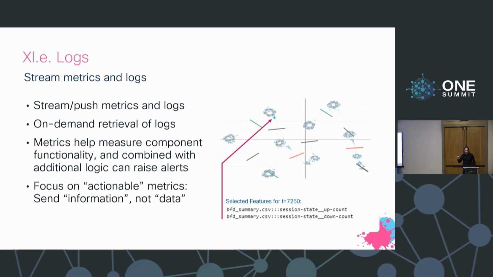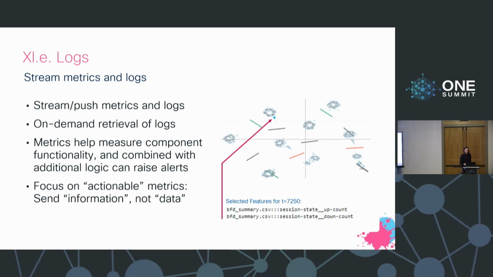Use logs only if you have to, because if you turn on all logging, it might be the last thing you hear from that particular site, because you clog the WAN link doing nothing else but trying to push your logs out. The other thing is, even if you do metrics, we found that there are too many metrics at a particular edge location to get. So we need to filter at the edge. We need to focus on information rather than sending data.